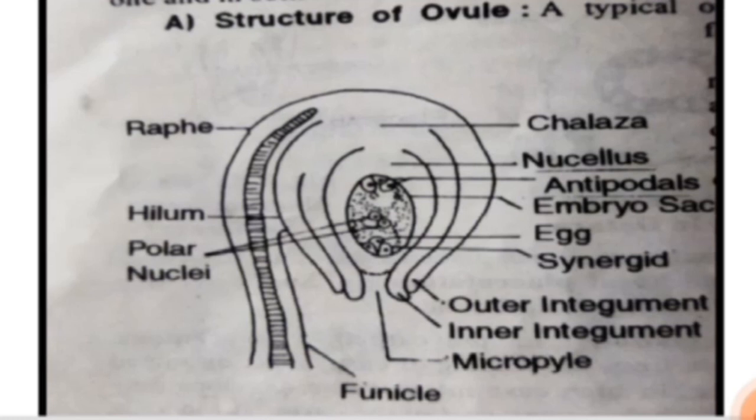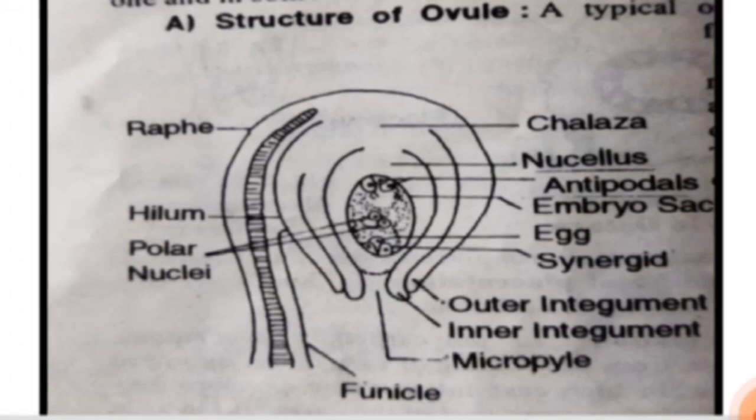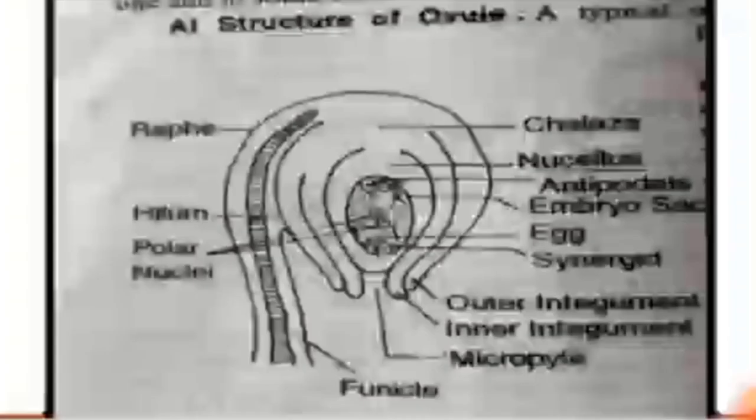Then next, and the most important part of the ovule body, present at the innermost part and most essential for the fertilization process, is the embryo sac. It is a large oval cell lying embedded in the nucellus towards the chalazal end. The embryo sac is the proper female gametophyte. After fertilization, the embryo sac shows development of the embryo, which is the most important part of the fertilized ovary or young seed.